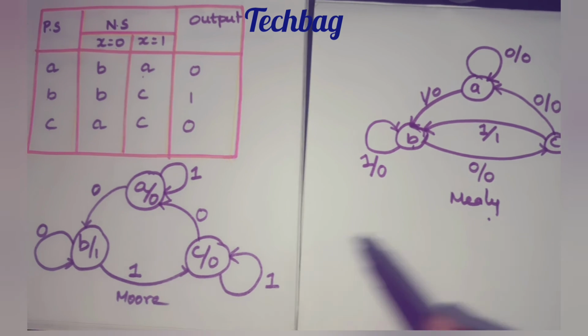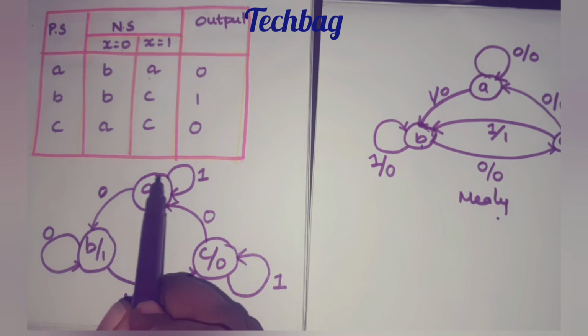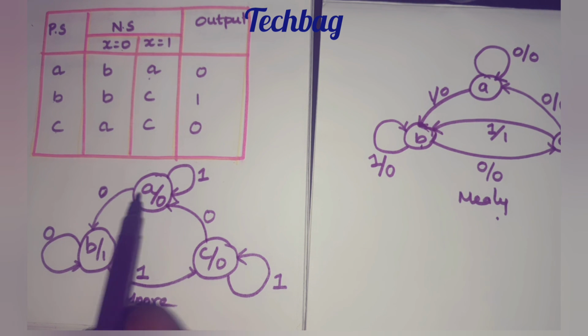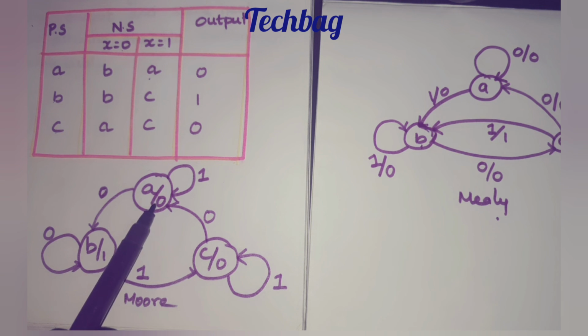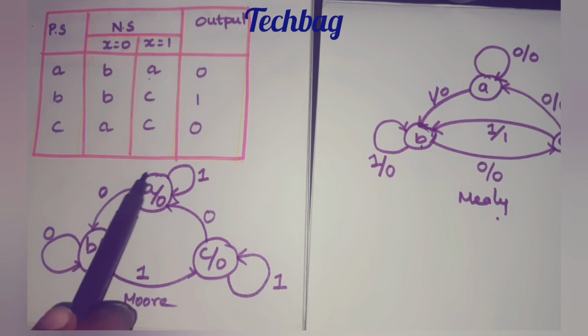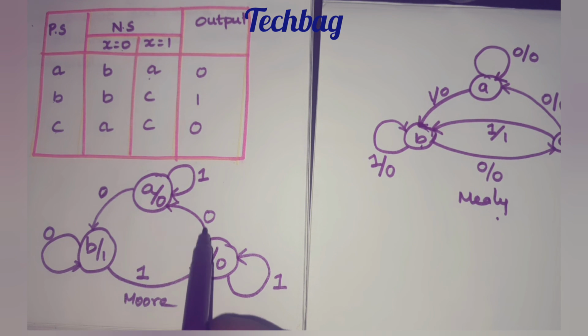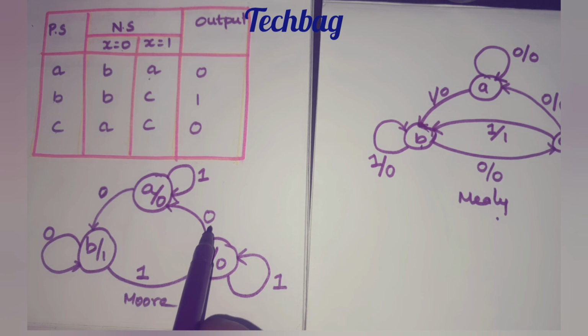And in Moore model, your output does not depend upon the input, so it is fixed for that particular state. So you have to mention the output within the circle in addition to that state. So for A, the output is 0, so A slash 0. State and output is represented within the circle. All other things are same as Mealy model. Transition is represented by a headed arrow, and on that transition line we have to mention the input alone.